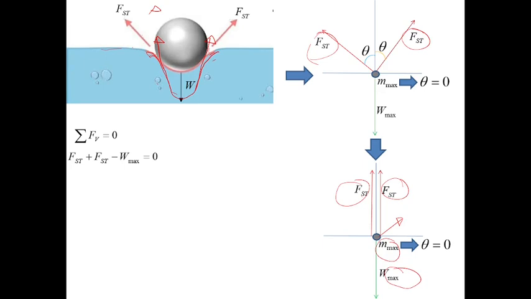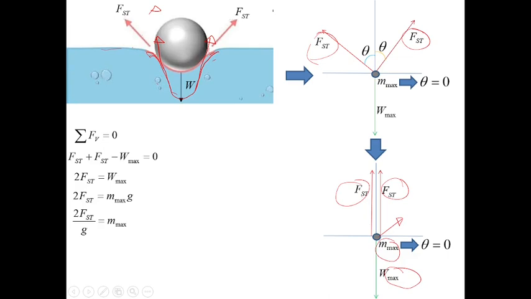Okay? And 2FST equals to W max. So, we know that the weight maximum is the maximum mass times acceleration due to gravity. So, divide natin ang acceleration due to gravity on both sides. We get the maximum mass.